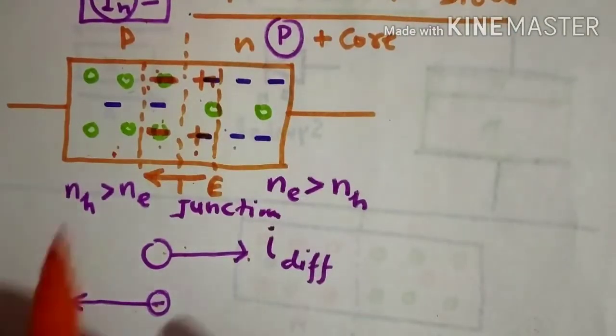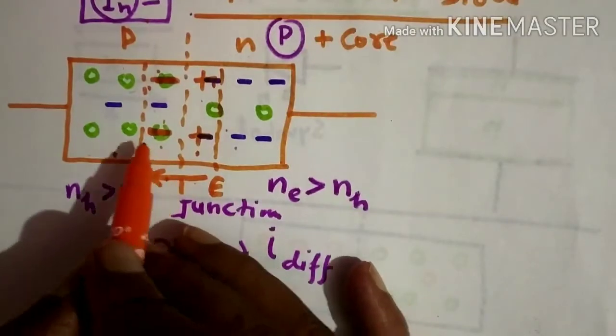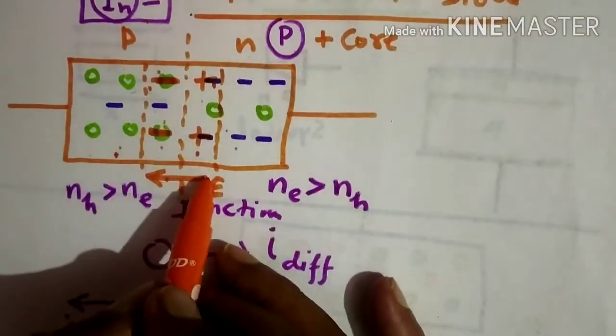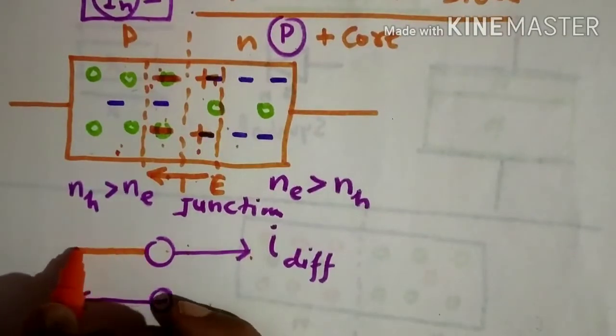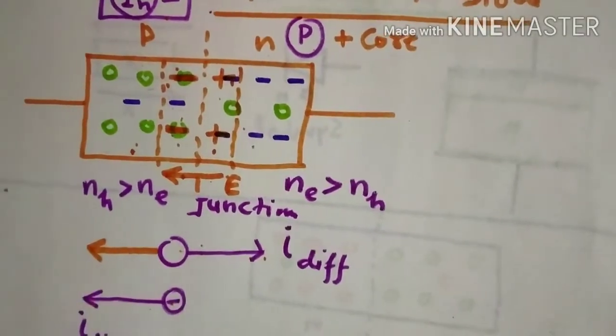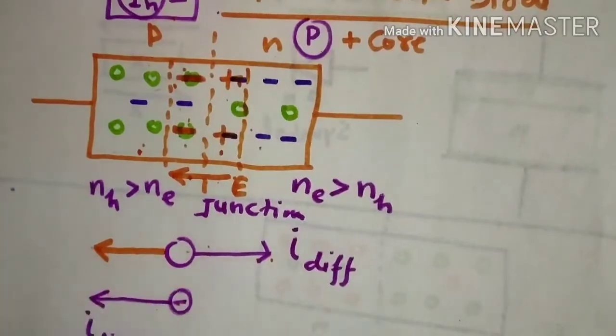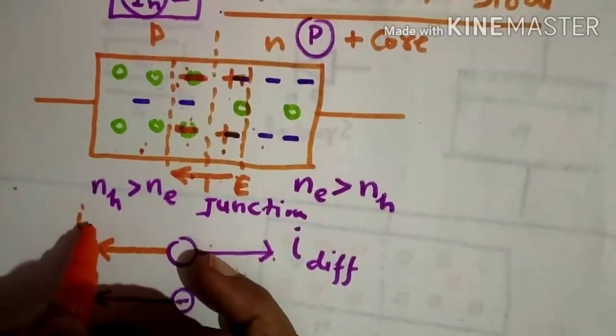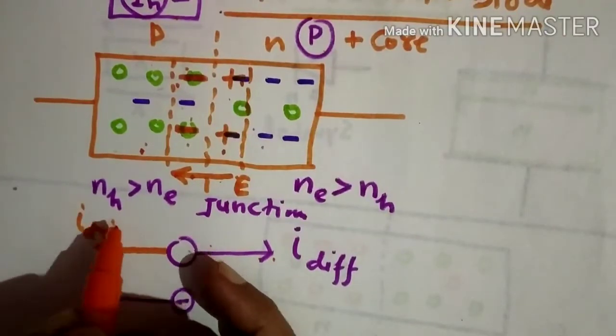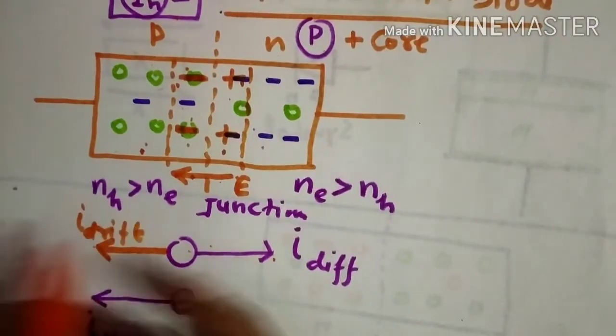That's why there will be a force on these holes due to this electric field in this direction. So the holes will start drifting in this direction, and because of that there will be a drift current of the holes.